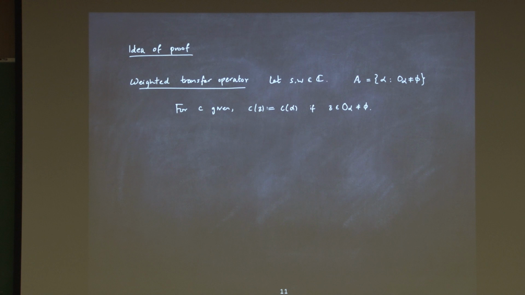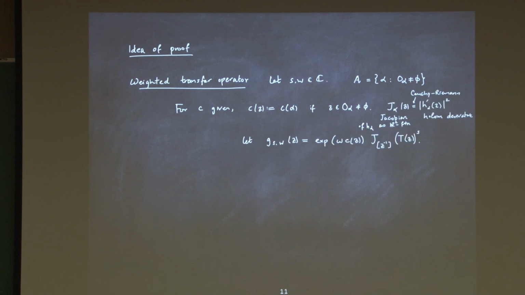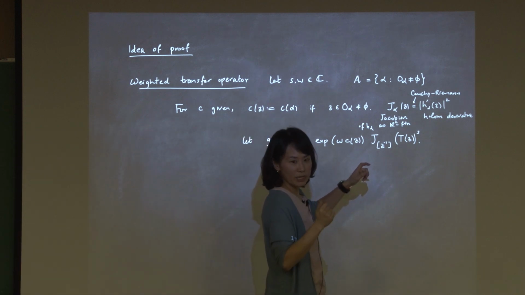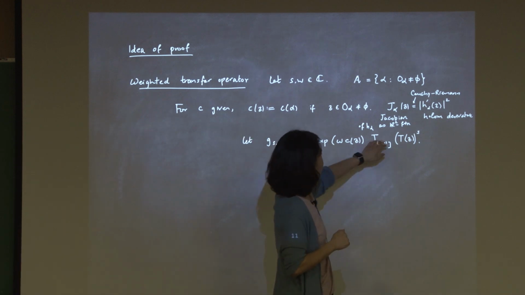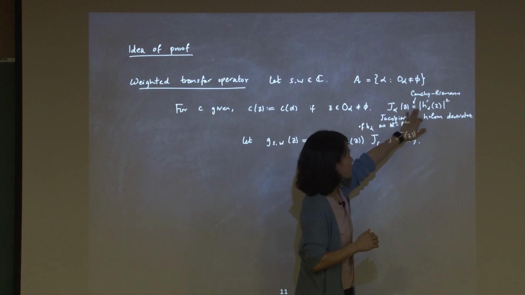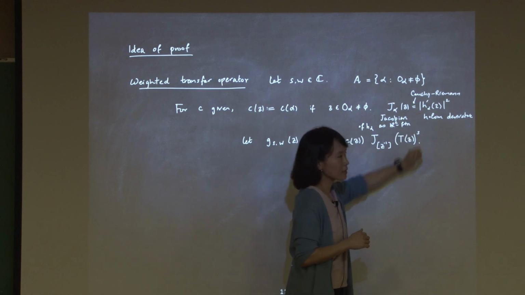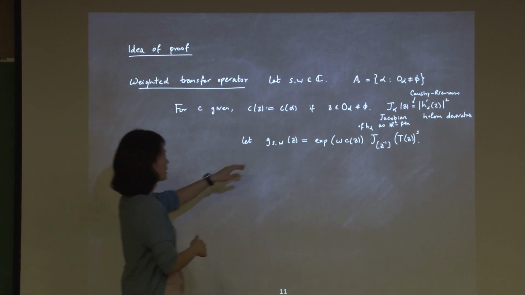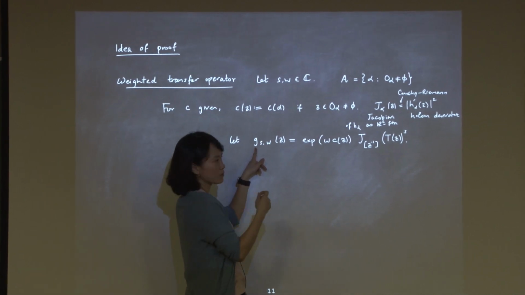Looking at it this way, the Jacobian of H alpha, the inverse branch of the Gauss map seen as an R2 function, is the holomorphic derivative squared. That's J alpha, and it's going to appear in the weight. So this is the weight of the weighted transfer operator.